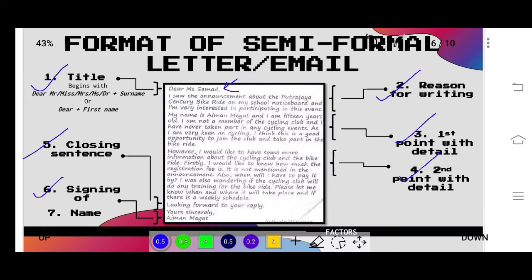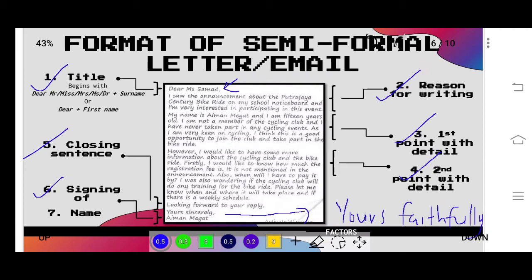Okay, let me move on to number 6, signing off. For signing off, you remember you have to put yours sincerely and then a comma, and you can also use yours faithfully.